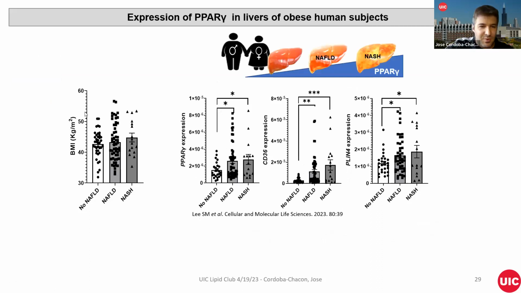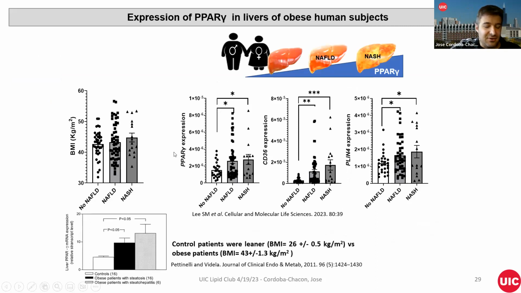Interestingly, in these obese patients, the progression of NAFLD NASH was also associated with an increase in the expression of PPAR gamma and an increase of PPAR gamma target gene expression. And that is in line with previous results that were published now 13 years ago, where they showed that in a small population of patients with NAFLD, they have increased PPAR gamma expression as compared to the lean controls.